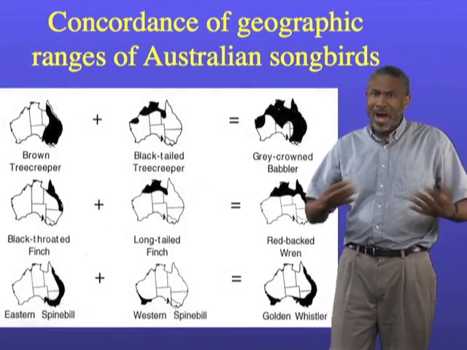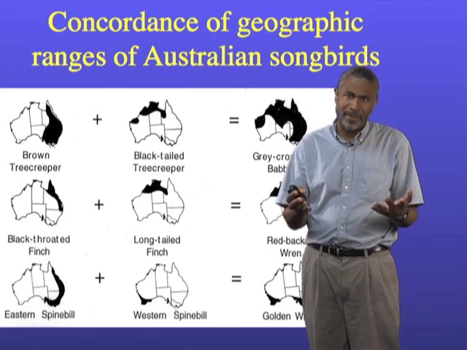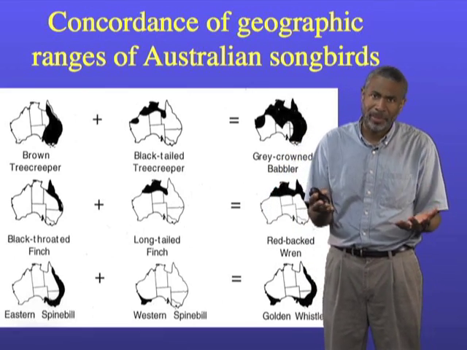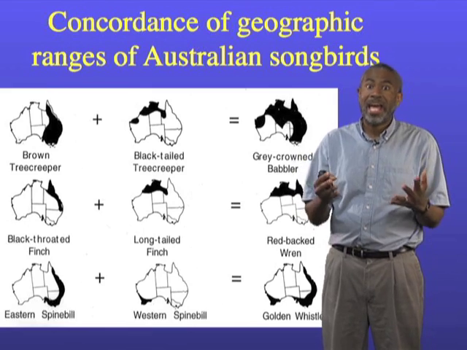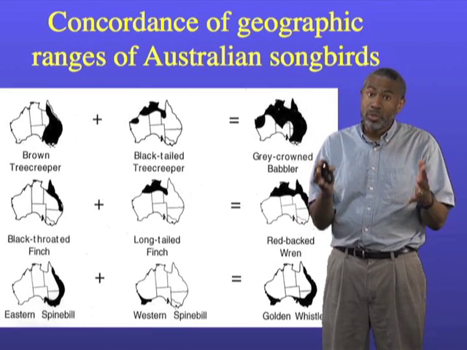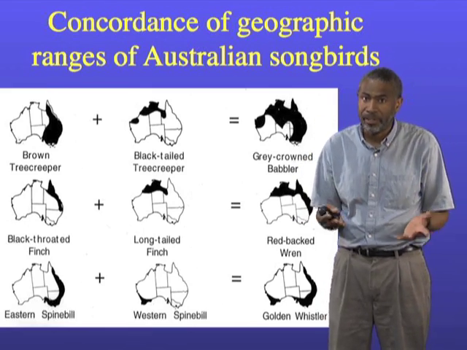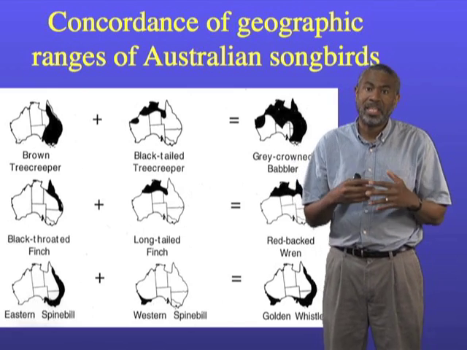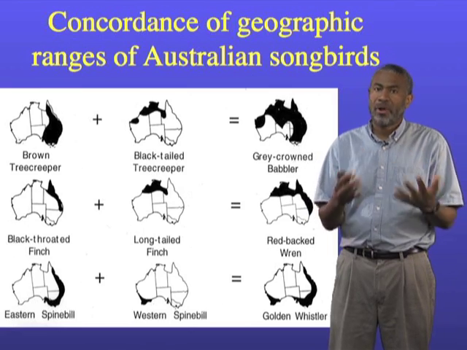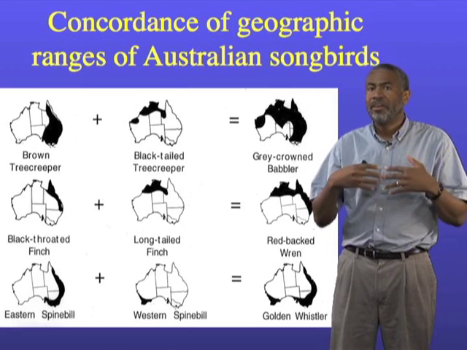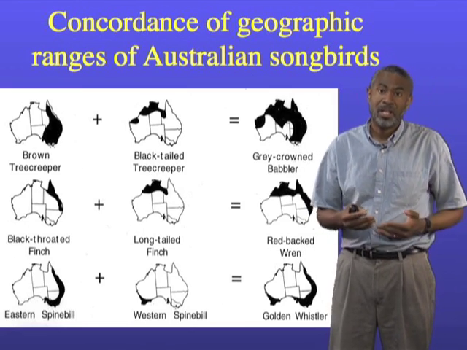So, why have I decided to work in Australia? It's not just a fun place where you can meet Crocodile Dundee. Australia actually is extremely important and useful for understanding phylogeography. It turns out that the Australian environment has changed very gradually over the past 15 million years.